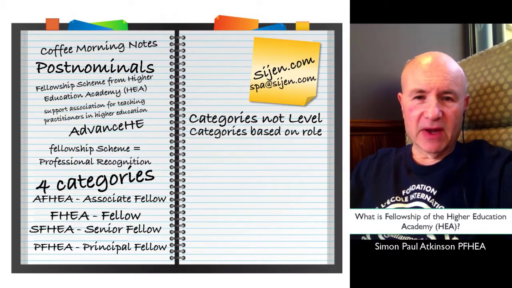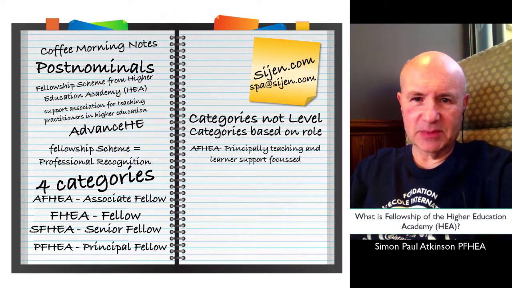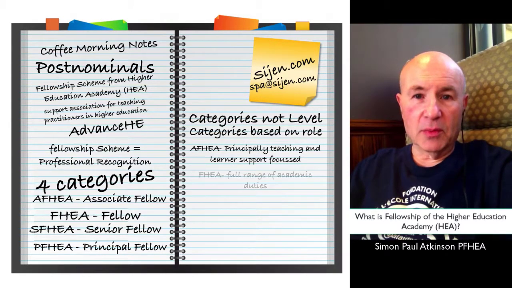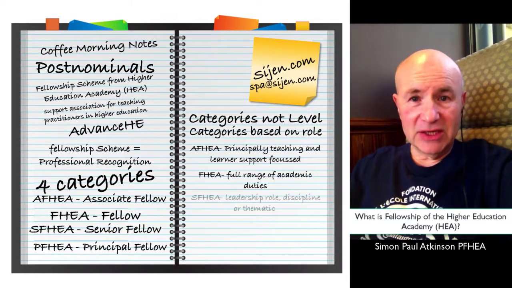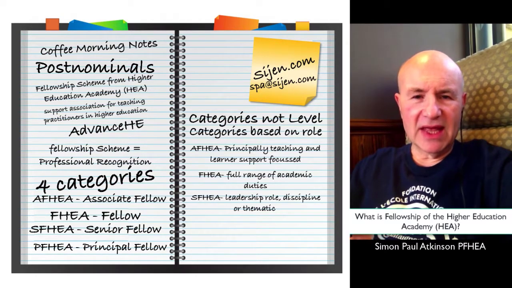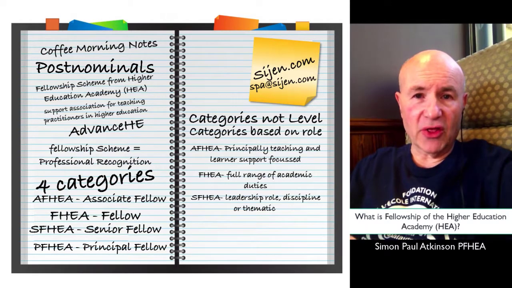So an associate fellowship is aimed primarily at teaching faculty, so even teaching assistants, people that maybe have fractional teaching roles. Fellowships are the broad range of academic functions, including writing, assessment, and designing programs, and so on. Senior fellows have a leadership role, not necessarily within their discipline. It might be that they represent leadership within a particular theme.